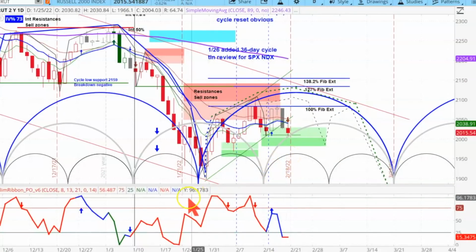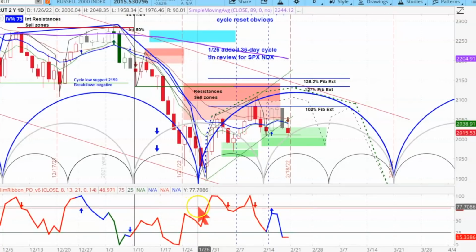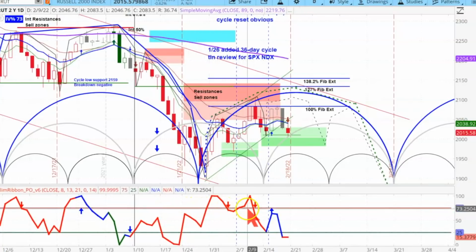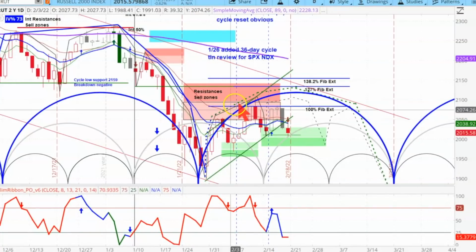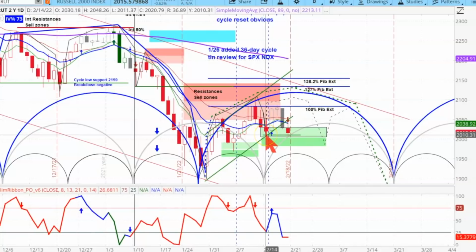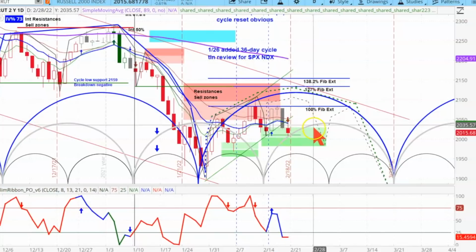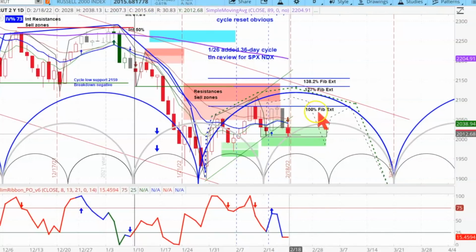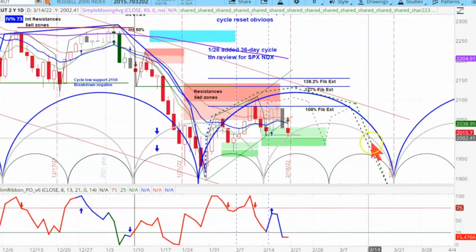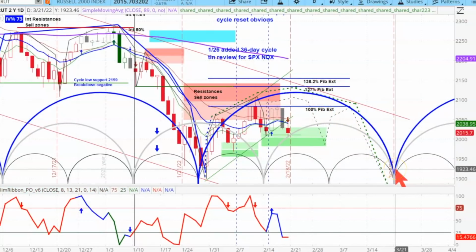You can see that the momentum, using the slim ribbon PO, was giving you these sell signals and negative conditions in here, but this kind of formed in a positive way, better than the other indexes, and it is stronger. I'll show you that using the market condition indicator. But it did give this break over here, and that is telling us that while it may still chop some in here, we're really looking for an acceleration to the downside over here in March.